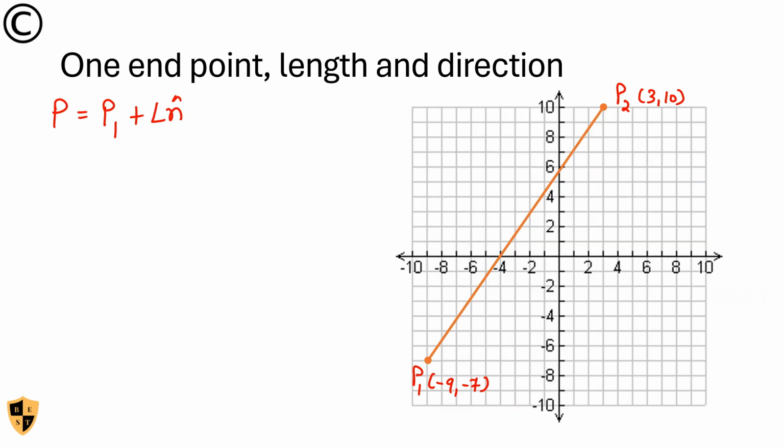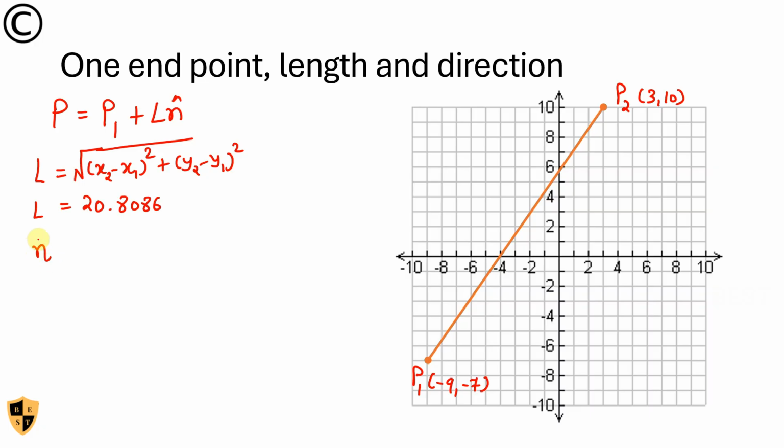It's easy. You are already given point p1 and point p2. So the length of the line is nothing but the square root of (x2 minus x1) whole square plus (y2 minus y1) whole square, and if you compute this, it comes out to be 20.8086.